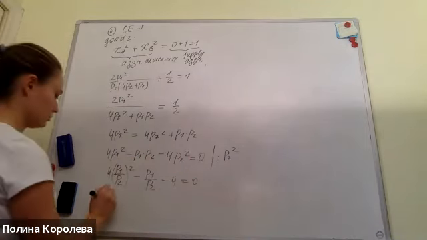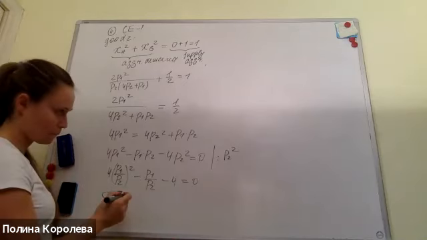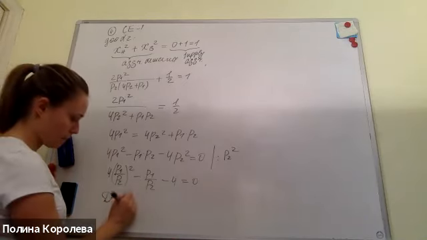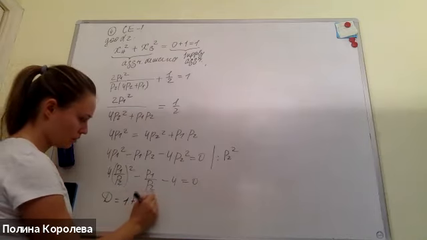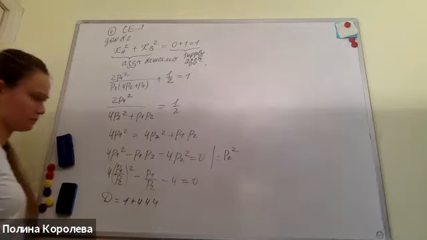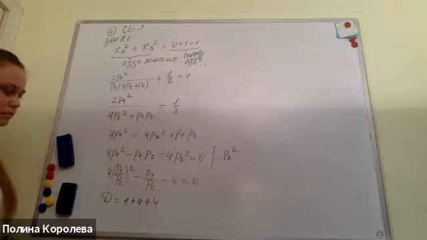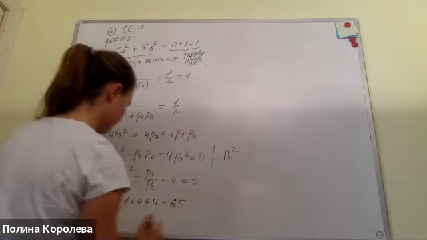So D will be equal to b squared, 1, plus 4 multiplied by 4 multiplied by 4, yes, this is 65.